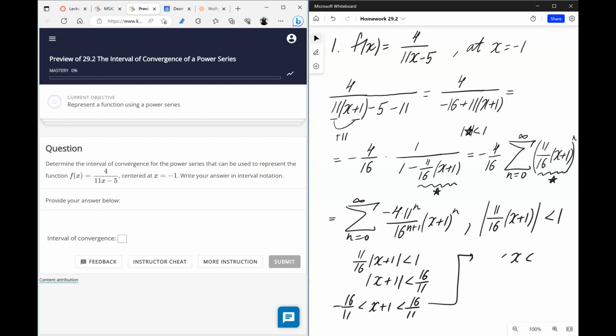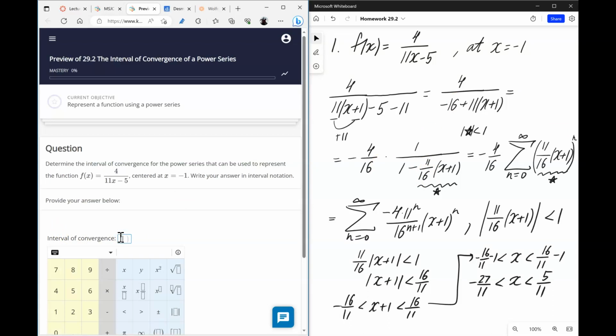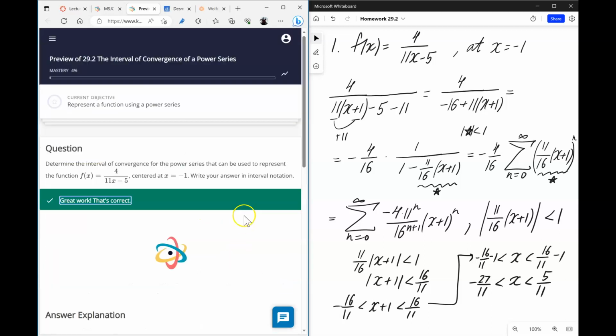So x will be between 16 over 11 minus 1 and -16 over 11 minus 1. So x will be between -27 over 11 and 5 over 11. So this is the answer. So now we're going to enter it here. And after we enter it, I'm going to show you another way, which is more superior than this one.